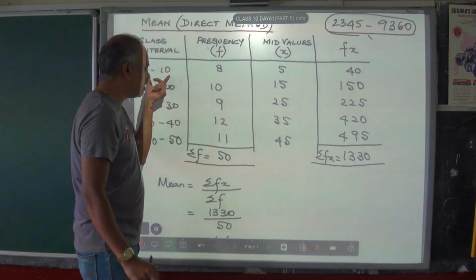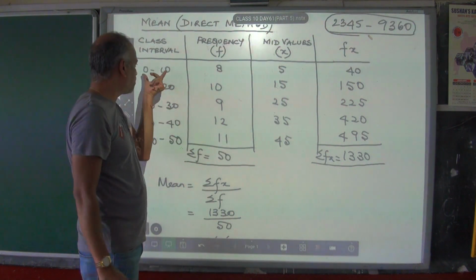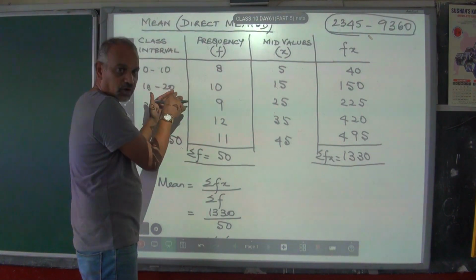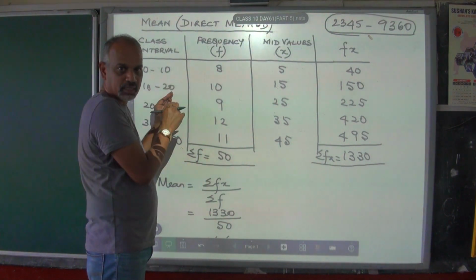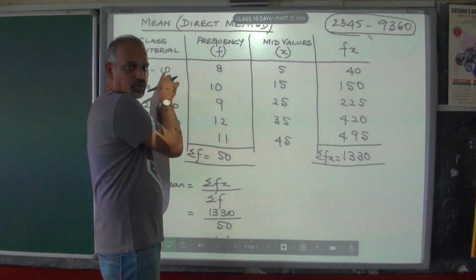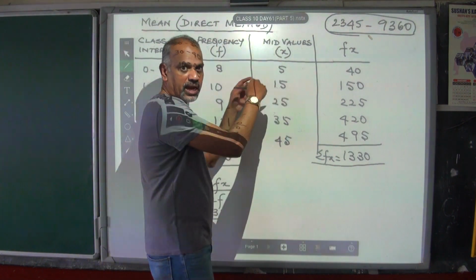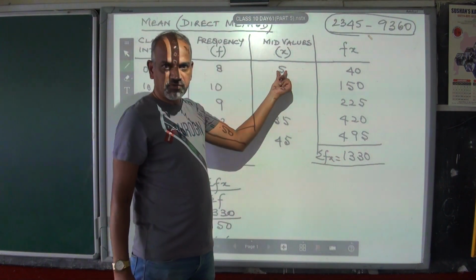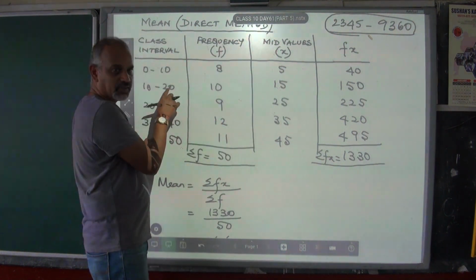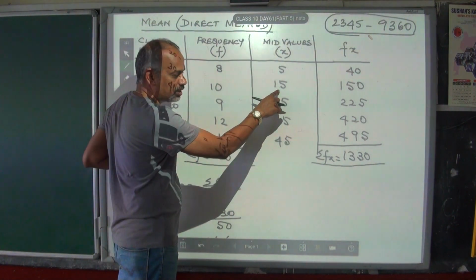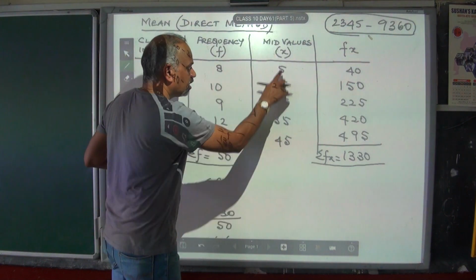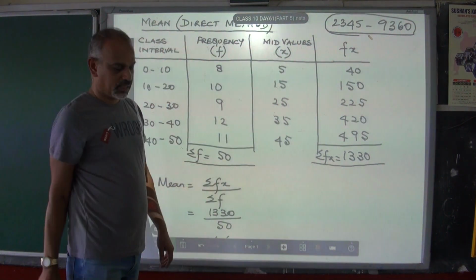If the difference was 20, like 0 to 20, 20 to 40, then mid value between 0 and 20 will be 10, then keep adding 20 more to each of them. So 5 is the first mid value, then difference is 10, so next one becomes 15, 25, 35, 45. These are your mid values which are termed as x.